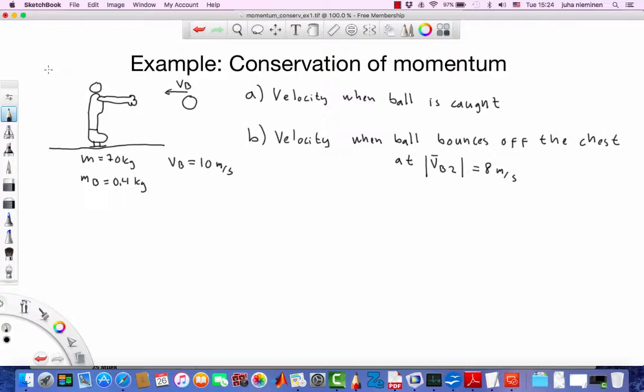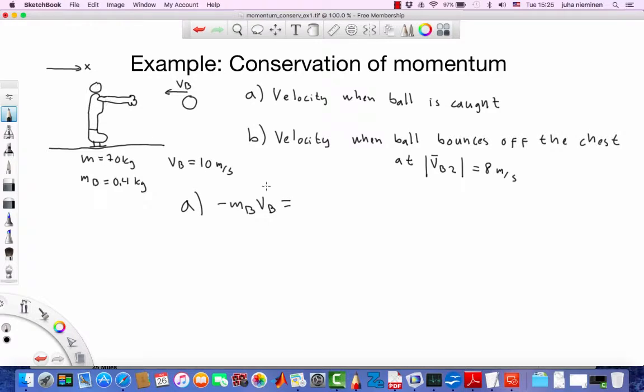Let's define our positive x-axis this way, and hence we can say the following from the conservation of momentum. Momentum in the beginning is just the momentum of the ball. That's to the left, so we have a negative mass of the ball times the velocity of the ball.